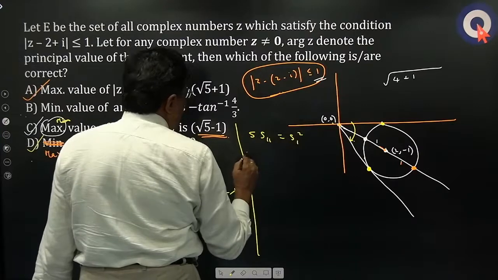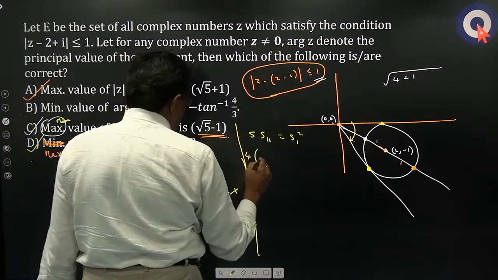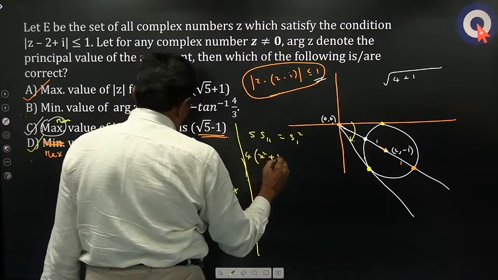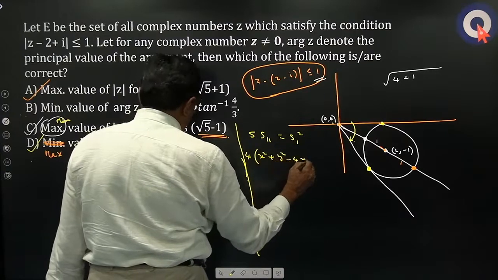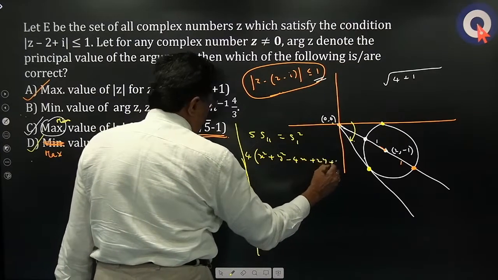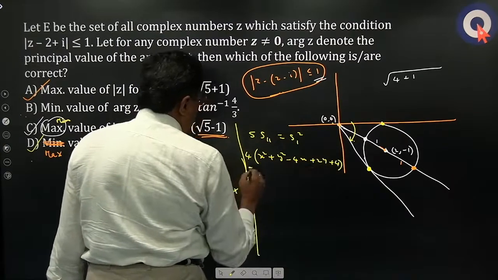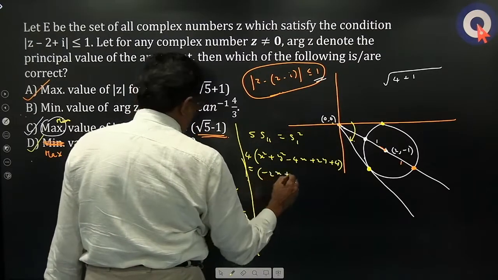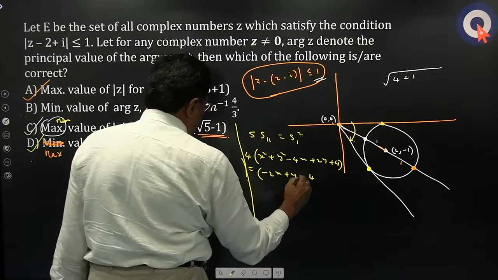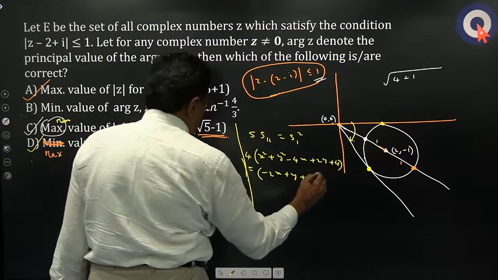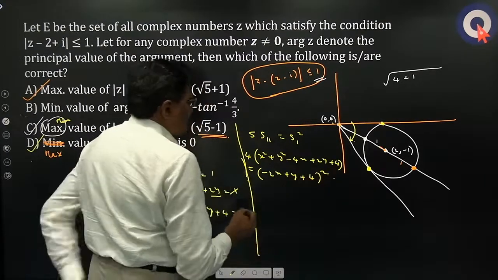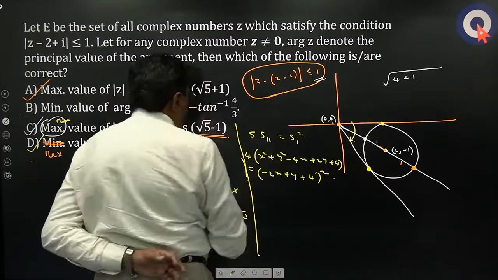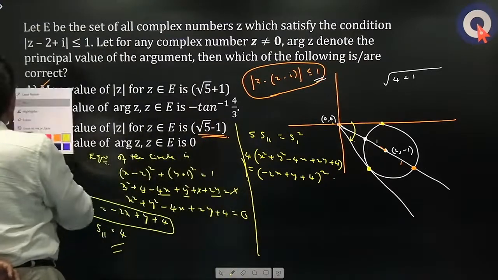So S11 is 4 into S, which is x square plus y square minus 4x plus 2y plus 4, is equal to S1 square, which is (minus 2x plus y plus 4) whole square. I'll do a little simplification here.